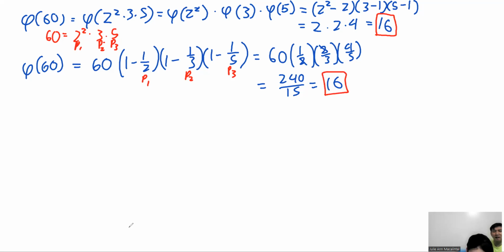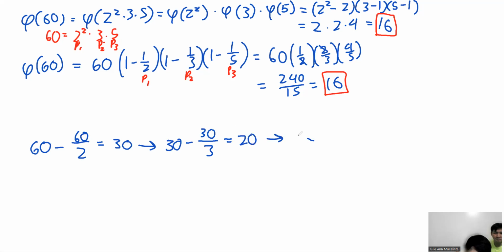Can you use your own algorithm here? Okay, so 60 minus 60 over P1, which is 2, equals 30. Now we will use 30 again: 30 minus 30 over P2, which is 3, so that is 30 minus 10, 20.